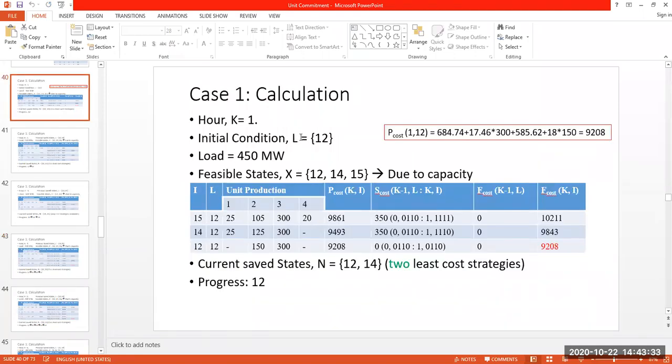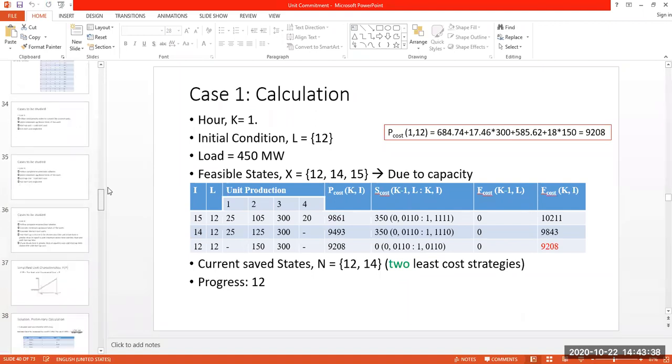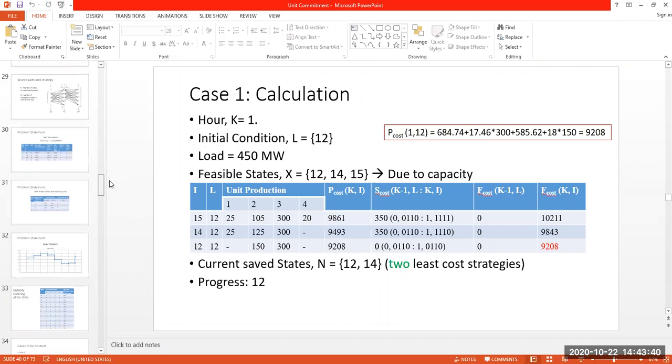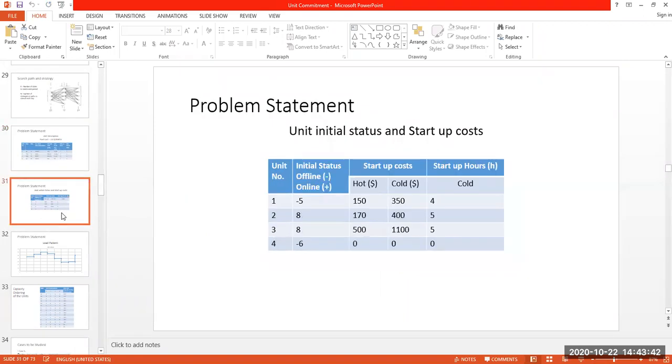And initial condition is taken L equals to 12. How do you choose this state? You can see that in the problem statement, it was mentioned which of the units were online to start with. So you can see unit number 2 and unit number 3. These two are the units which have a plus sign here.